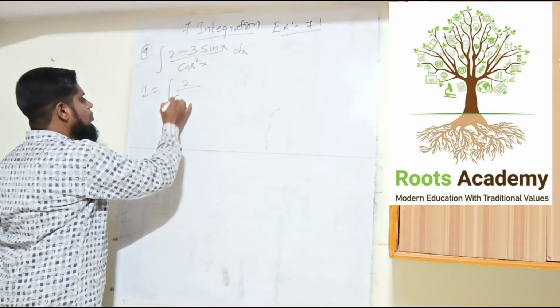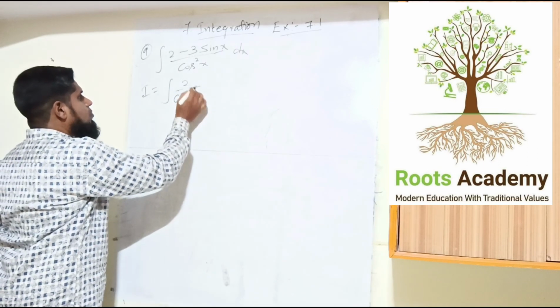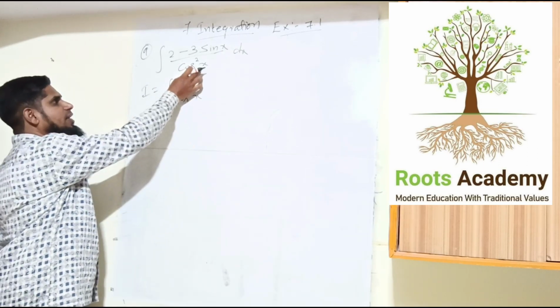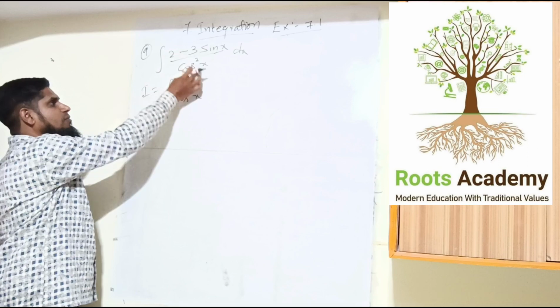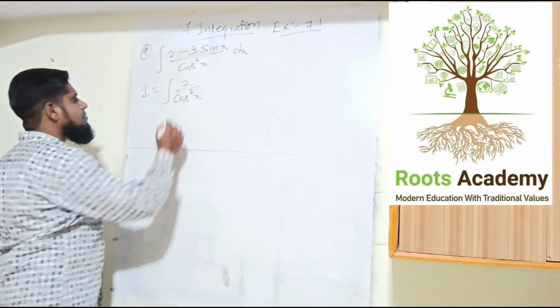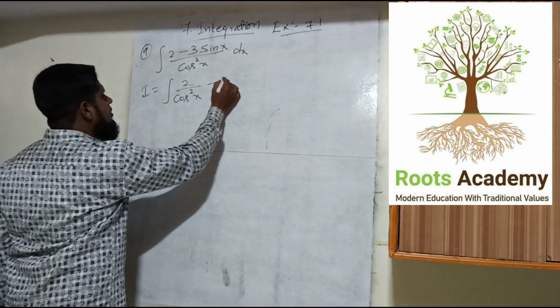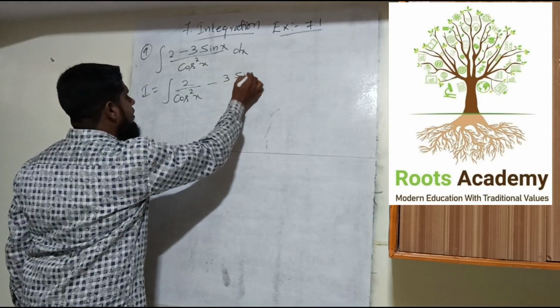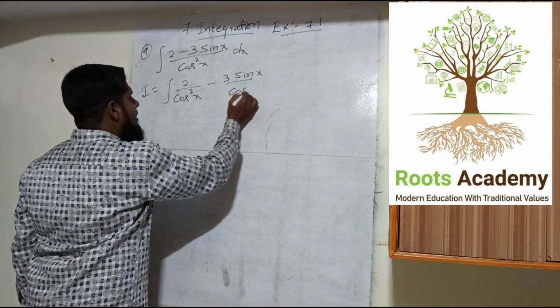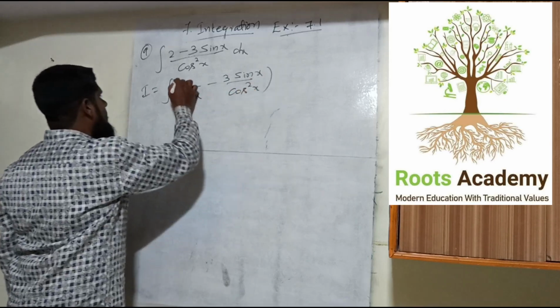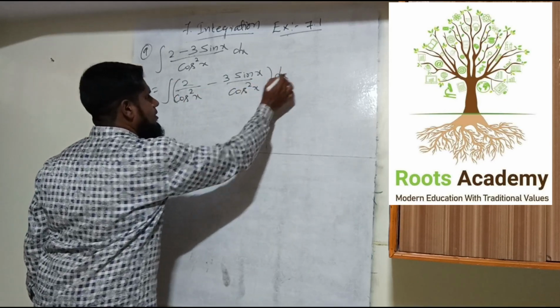So how can I split? 2 by cos square x. Splitting means we are dividing the numerator by this cos square x. 2 divided by cos square x minus 3 sin x divided by cos square x into dx. It is like this.